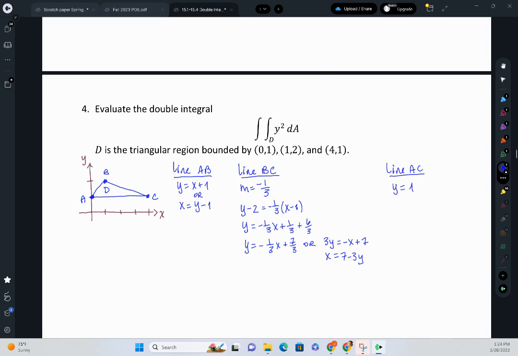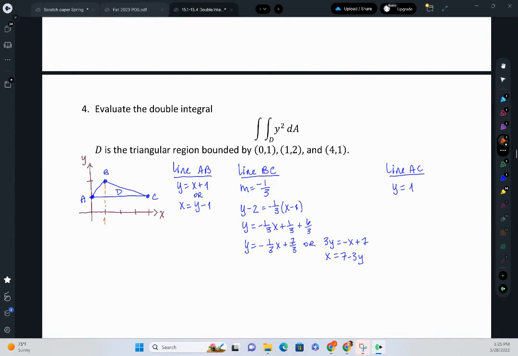All right, so what we need to do is figure out which type we should use, type 1 or type 2. Now I'm going to move that little D out of the way, put it over here. Okay, I'm noticing that this particular region could be split vertically at x equals 1.